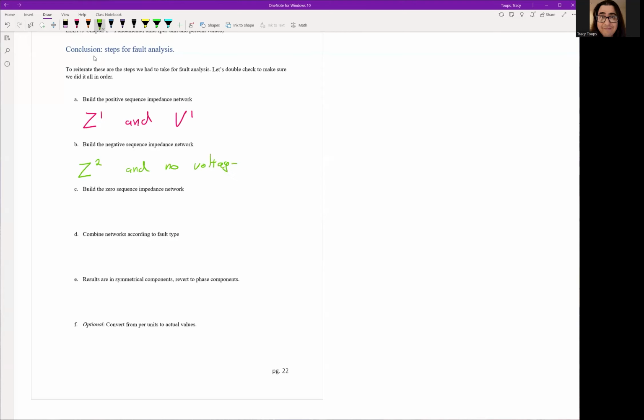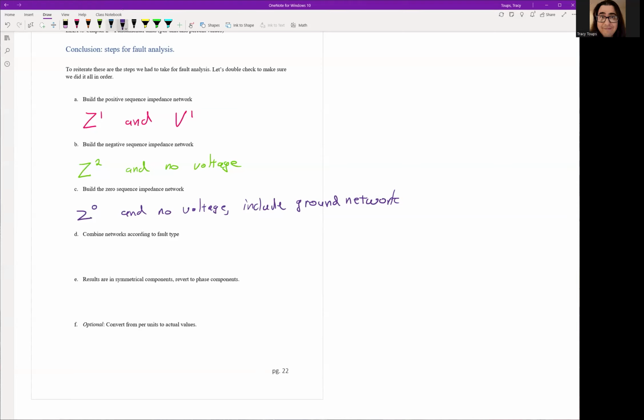The Thevenin equivalent is only impedance; it does not include a voltage for negative sequence. For zero sequence, or Z0, you need to figure that out, and no voltage. But we must include our ground network, okay? You remember that transformer chart with the grounding of the transformers, delta to Y's? That's what I'm talking about. The ground network needs to be included in your zero sequence component.